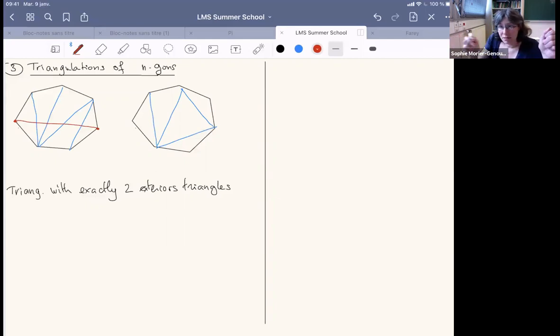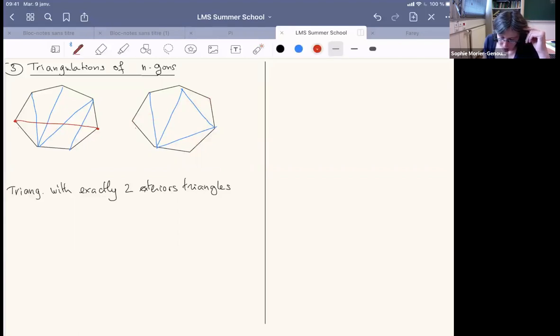I can join these two exterior triangles by a line, and this line crosses all the other triangles and all the other diagonals already in the triangulation. It is not the case here. I cannot find a line that crosses all the triangles if I have more than two exterior triangles.